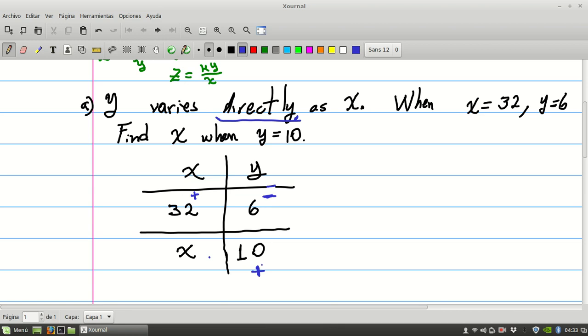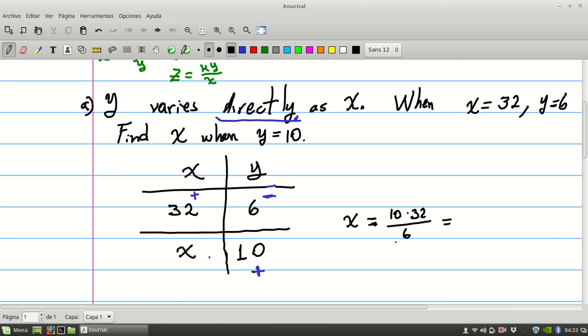I'm going from negative to positive, and the answer is as simple as multiplying all the positive numbers that denote increasing. So 10 times 32 over 6.